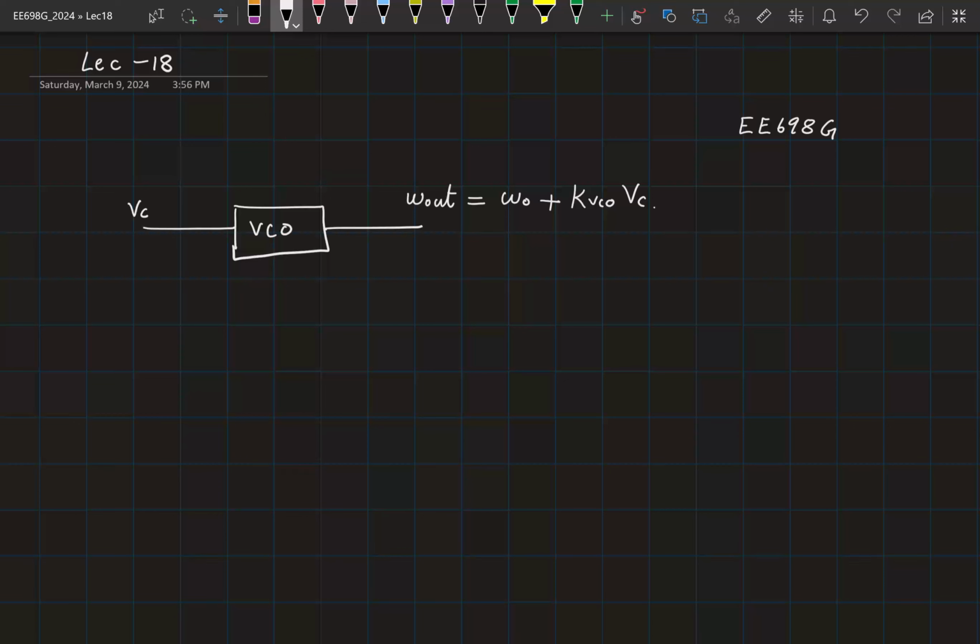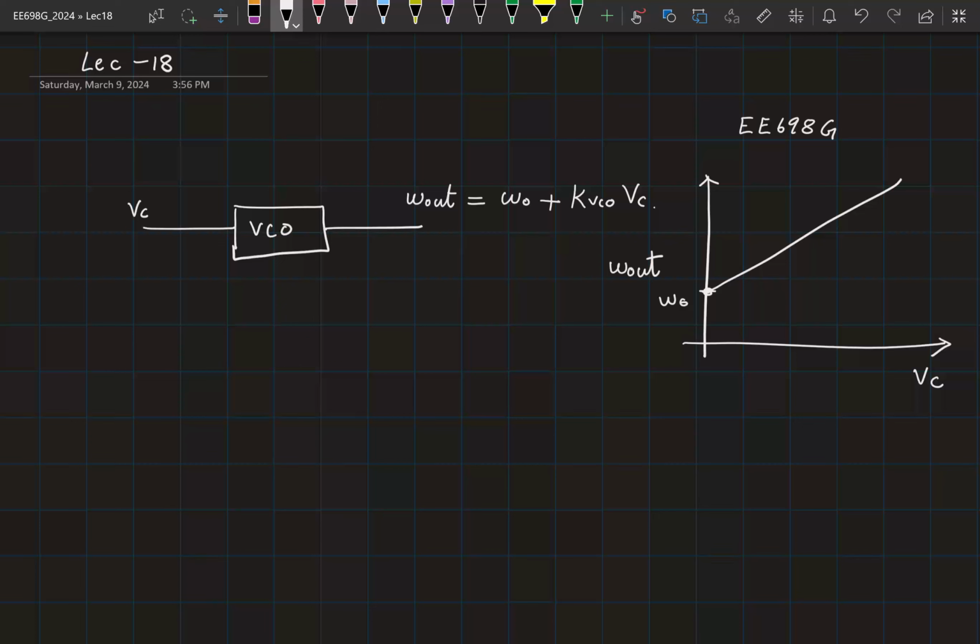It was covered in the previous lecture. So basically the characteristic will look like this. On the y-axis you have omega out, on the x-axis you have VC, and you have some characteristic that follows this shape. So when VC is 0, it is at omega naught.